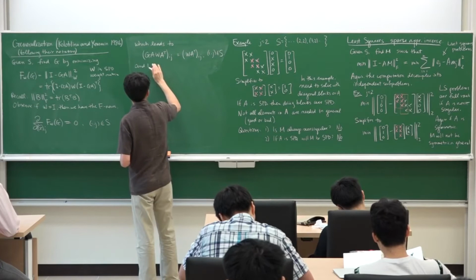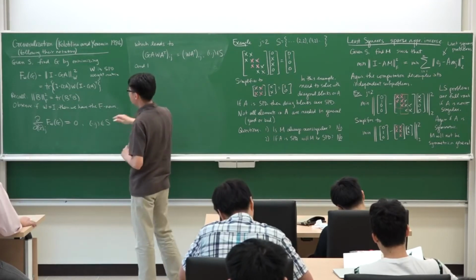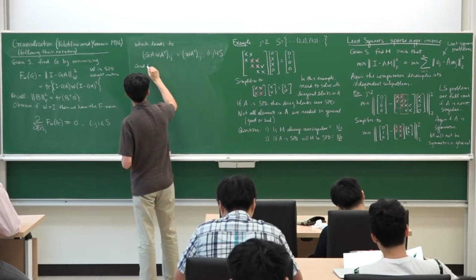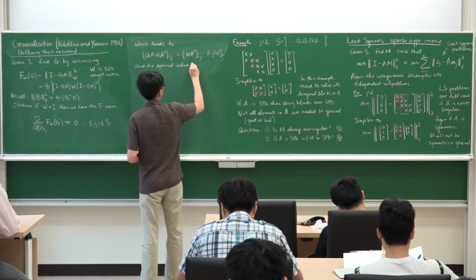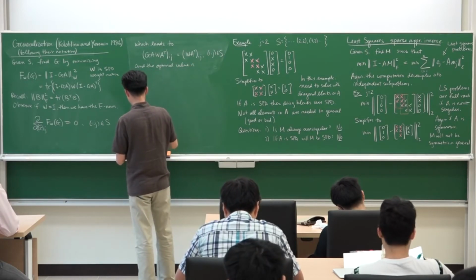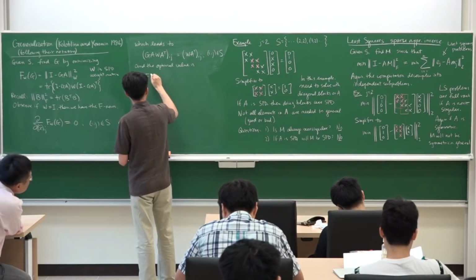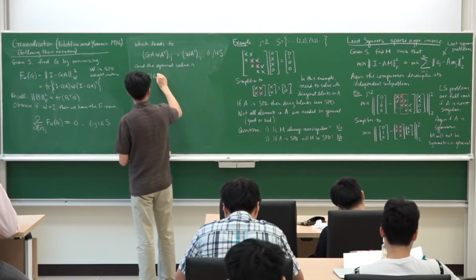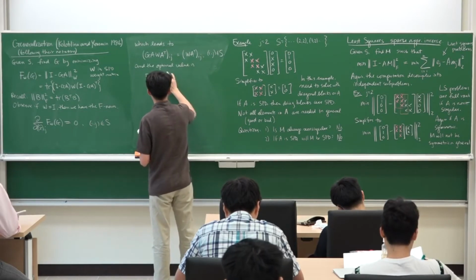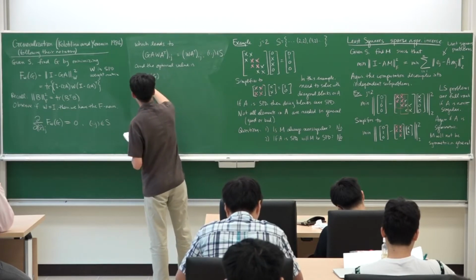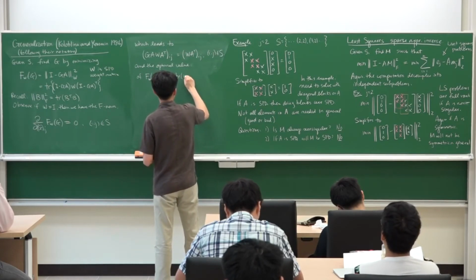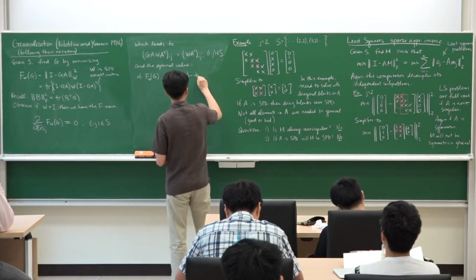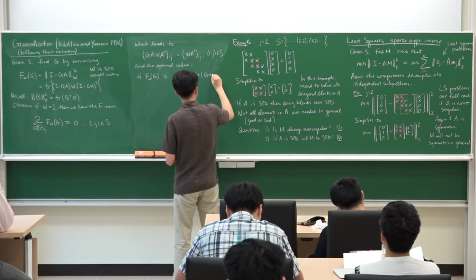The optimal value at the minimum, the optimal value of the function f, let's say f_W of G, the optimal value is the trace of W minus the trace of GAW.